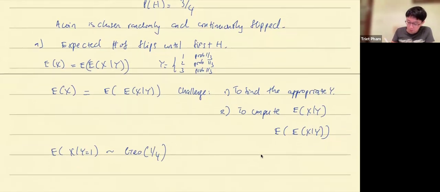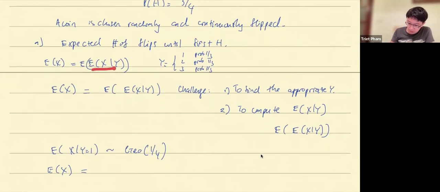And therefore, the short answer here is it's going to be 4. So expectation of x given y equals 1, and so on. Expectation of x is the sum of expectation of x given y equals i, i equals 1 to 3, times probability y equals i.